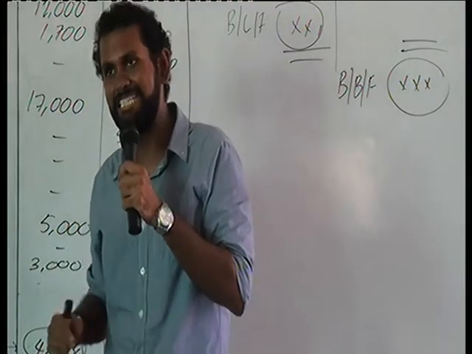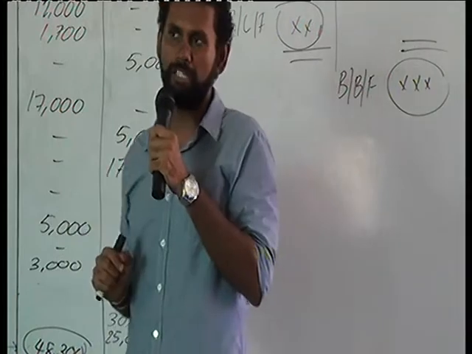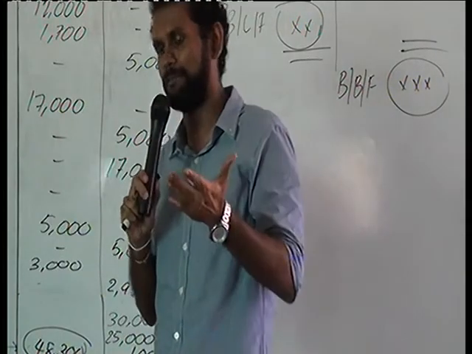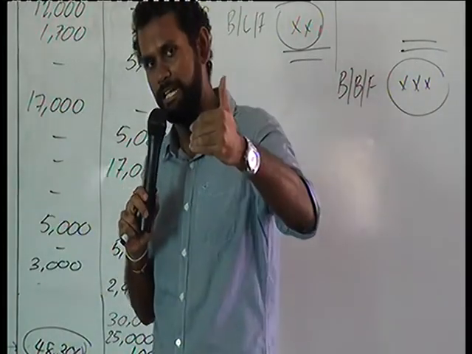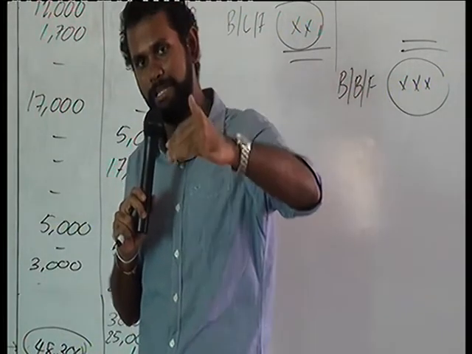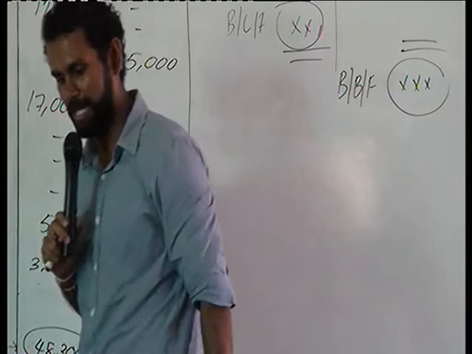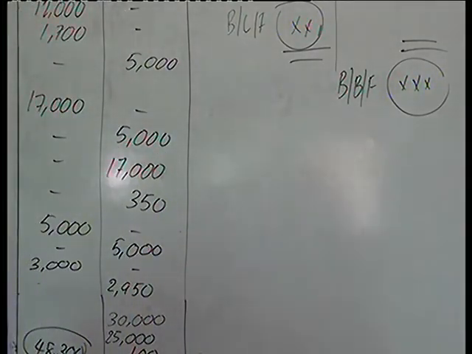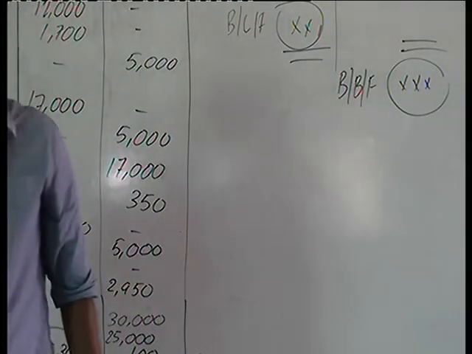So if there is a credit side bank balance carried forward to the next month, that means what? If it's an asset account, there should be a debit balance. If it's a liability account, there will be a credit balance. So you can go back to page number 5 of this tute.